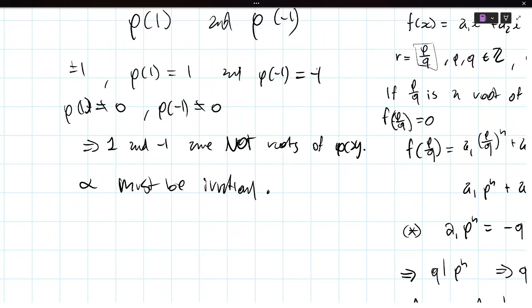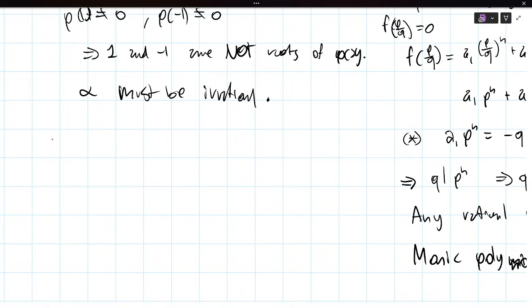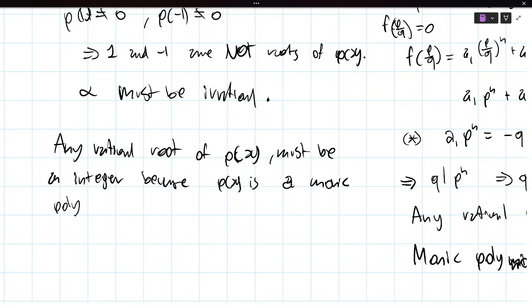Now, if I were to actually write this out as a paragraph, like a kind of statement: any rational root of p of x must be an integer, because p of x is a monic polynomial.